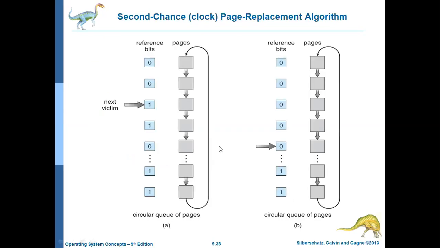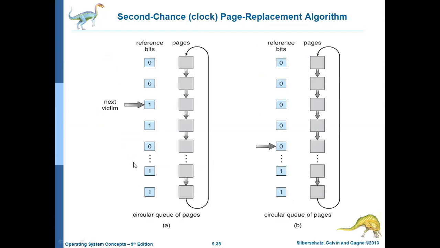You can come across this example. You have 0, 0, then as soon as you find 1, you make a page replacement here. Then the next one you will not change; you will give it a chance. So it is 1, and this page replacement happens. Then it comes to the next pointer, again a page replacement happens, and so on.